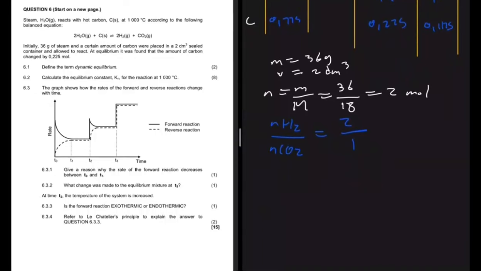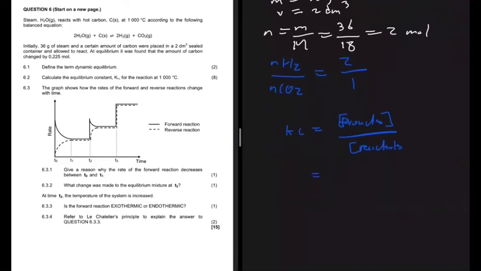So now we can write our equation. We can say that Kc is equal to the products, right, divided by the reactants. So what's the products? We know that we have H2, and then we're supposed to square it. Why are we squaring it?